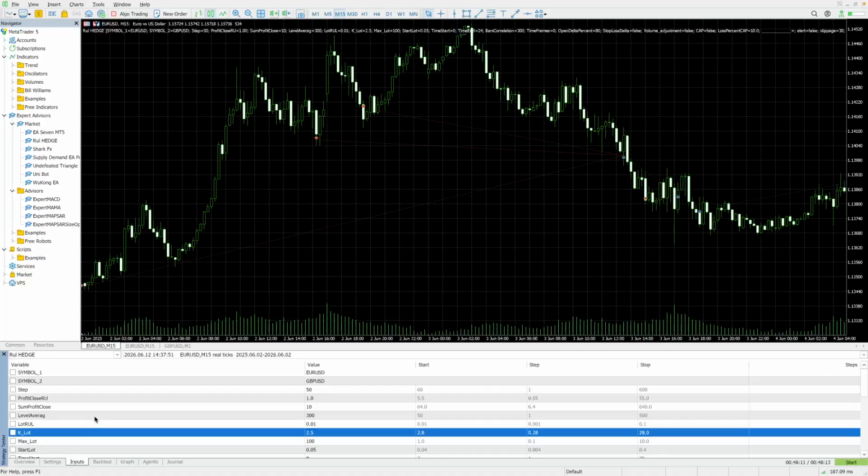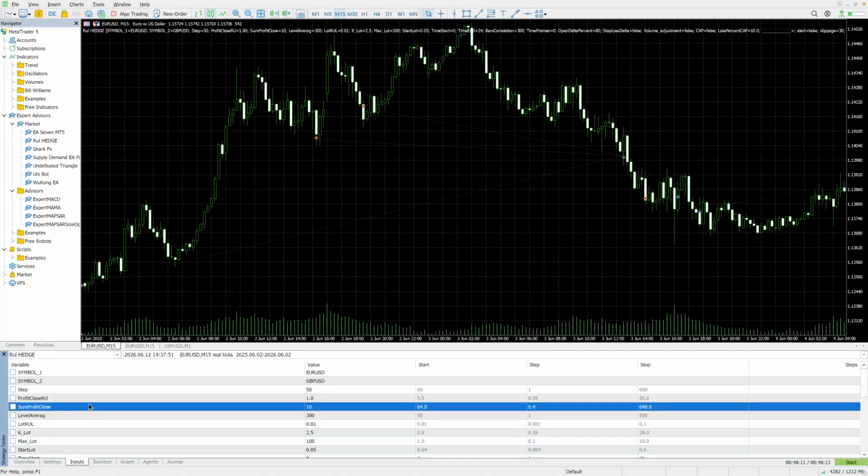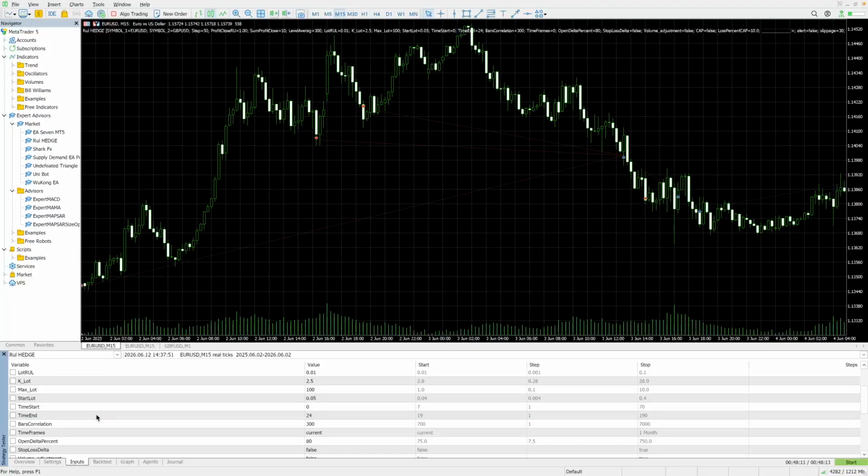Also, we have the profit close and sum profit close for exits. And also the correlation slash delta settings. All of these timed entries well in this period. And the hedging structure helped keep drawdowns tiny.